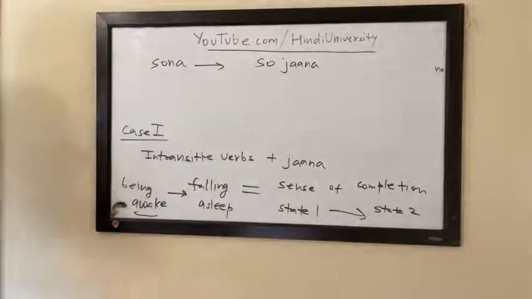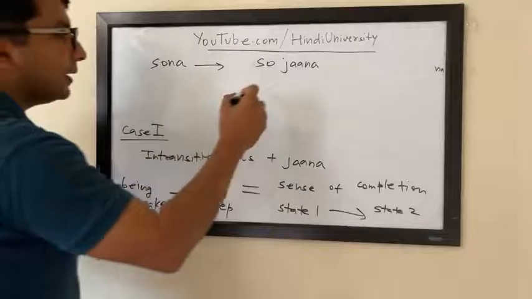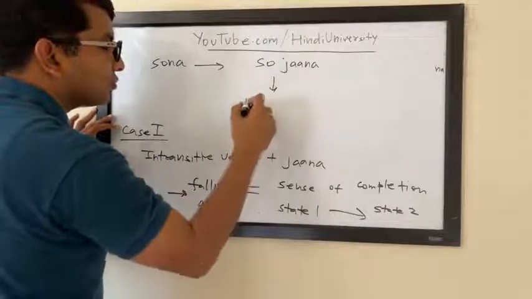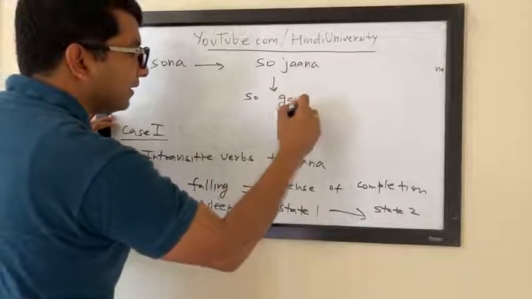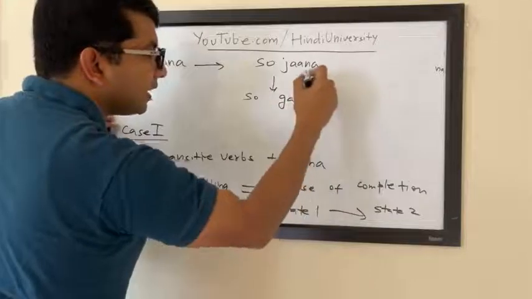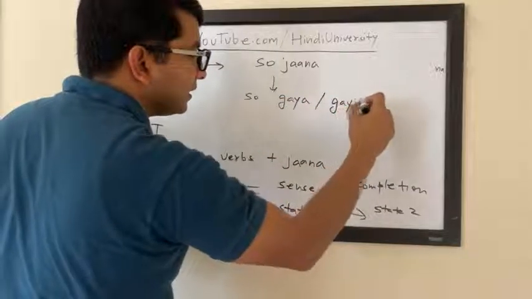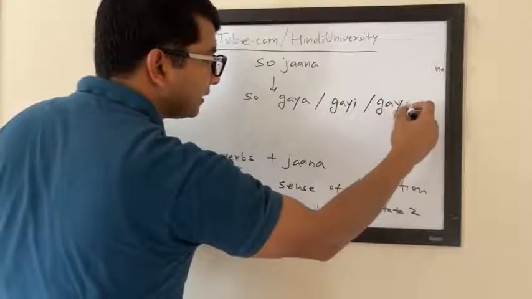Based on the situation you are in, if the state changed in the past, you will say sogaya, because the past form of jana is gaya, gai, and gaye.